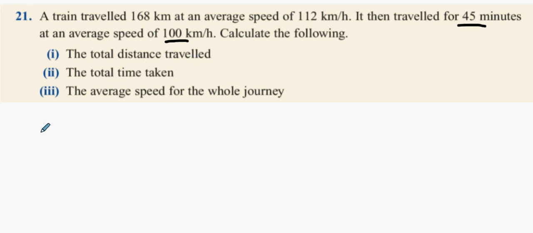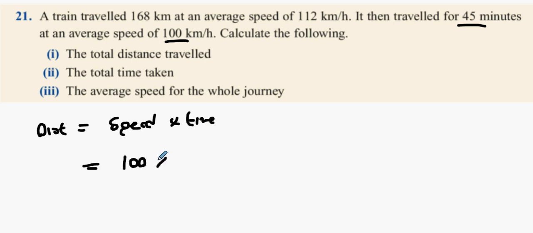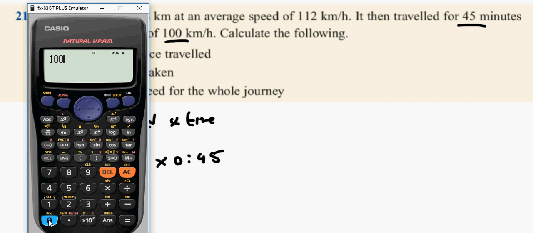Okay, distance equals what, guys? Speed by time. 100 kilometers an hour multiplied by 0 hours and 45 minutes. Or, according to my calculator, 0 hours, 45 minutes, 75.